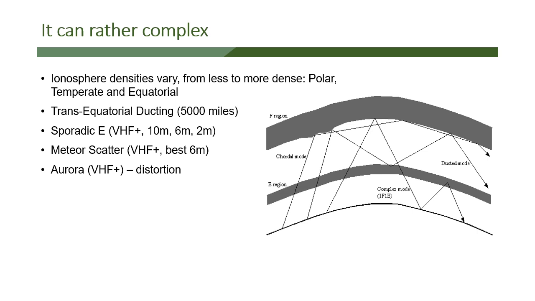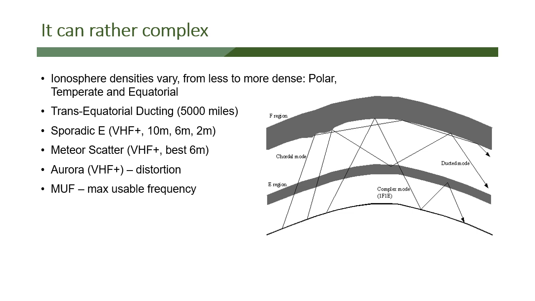So they're taking advantage of that aurora bounce to be able to contact other parts of the world, specifically the continental United States. But because it's undulating, moving, and changing all the time, there can be some distortion when you're trying to decode the signal into, let's say, audio. You'll hear some distortion. And then we have two special situations.